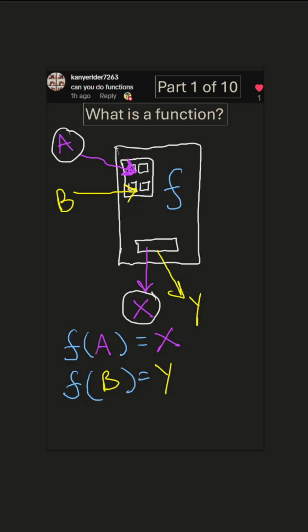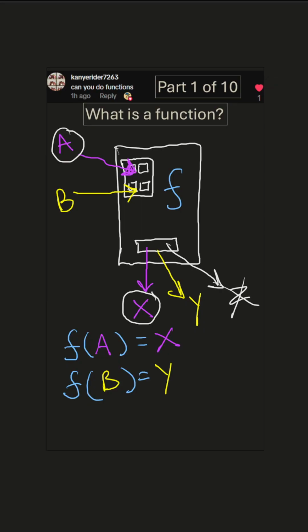And it's the same output every time. It's not like you're going to go up there and press button A, and then out comes beverage Z. No, that's not going to happen. So every input has exactly one output, and that is an intro to functions.